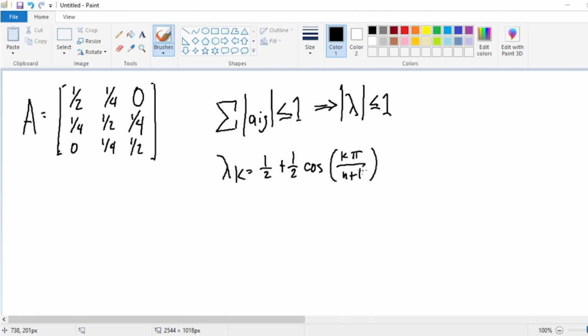So, when we apply the operator T repeatedly m times, we are calculating A to the power of m times x. We can write our image x as a sum of its eigenvectors v sub k.